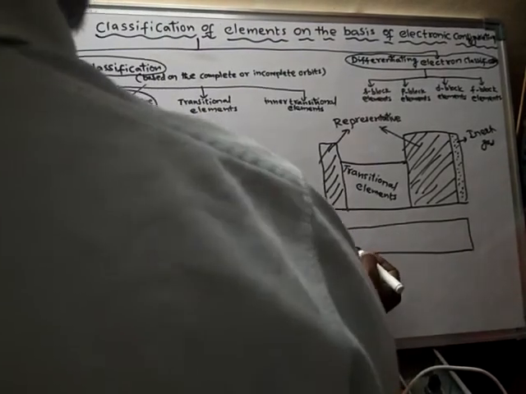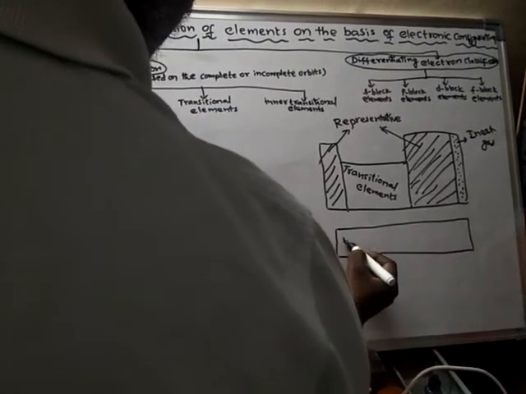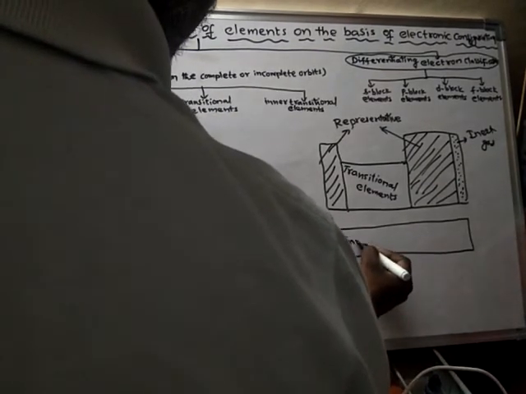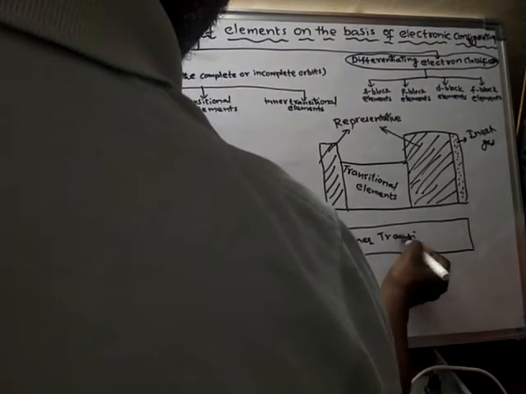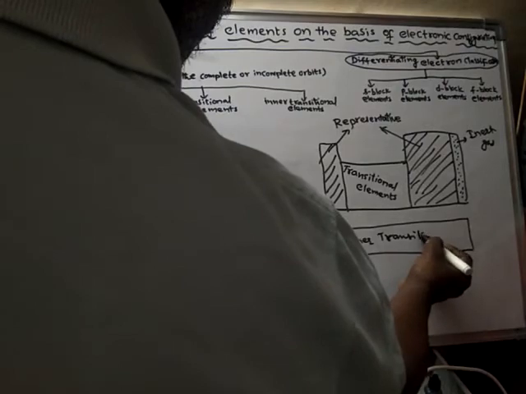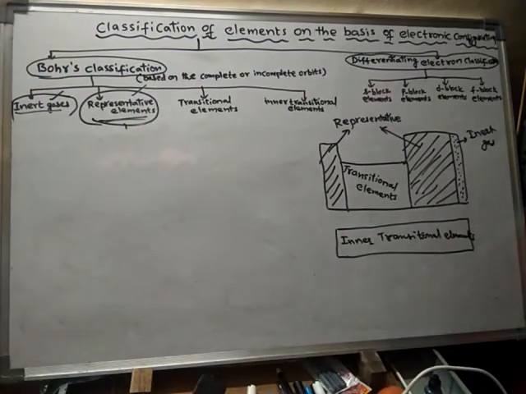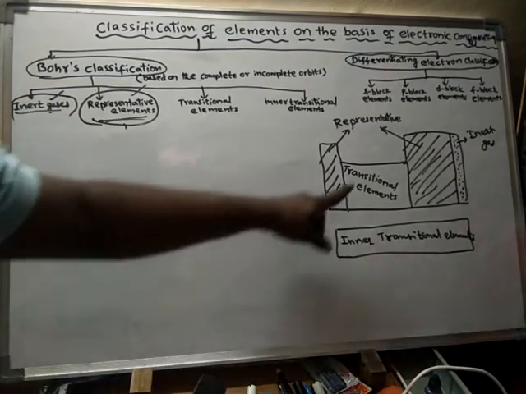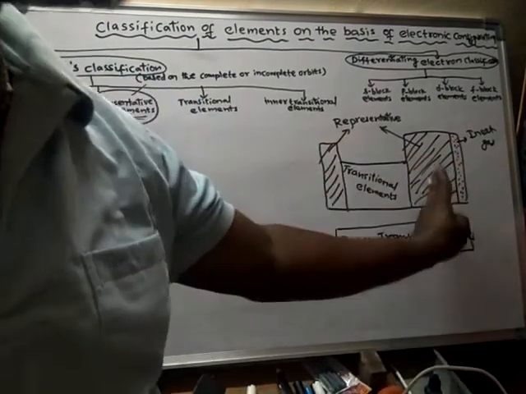And below the periodic table, you will find two series of elements. They are called inner transitional elements. The position of the inert gases is the extreme right side of the periodic table.